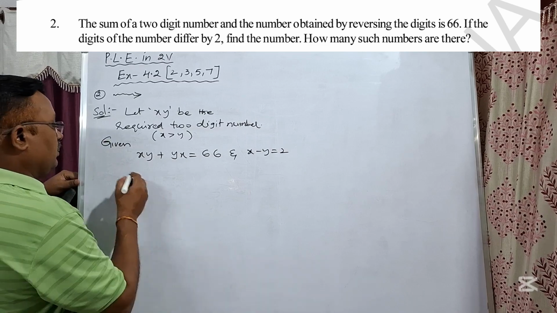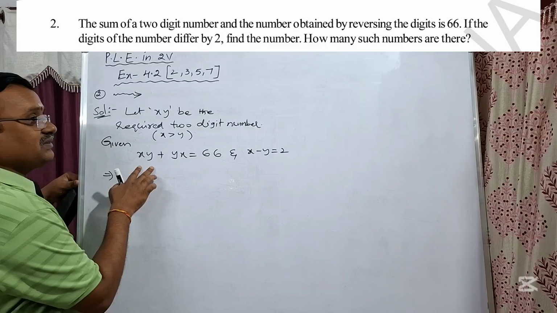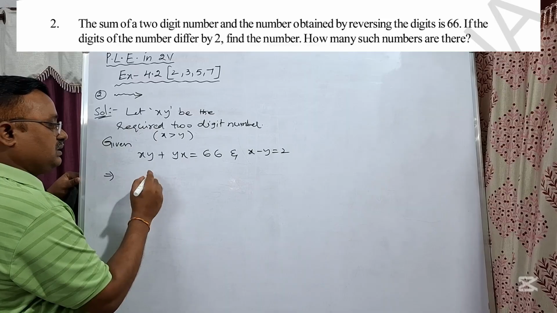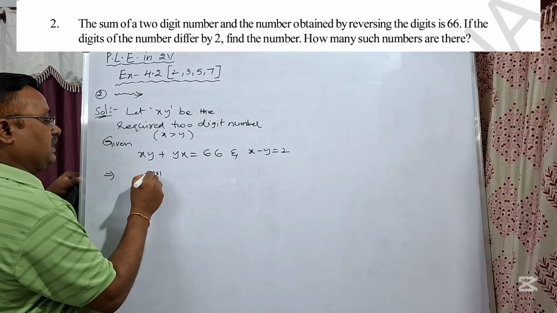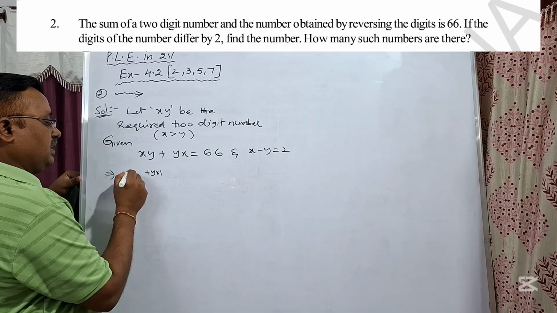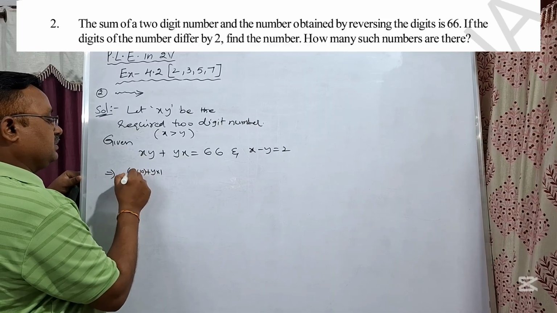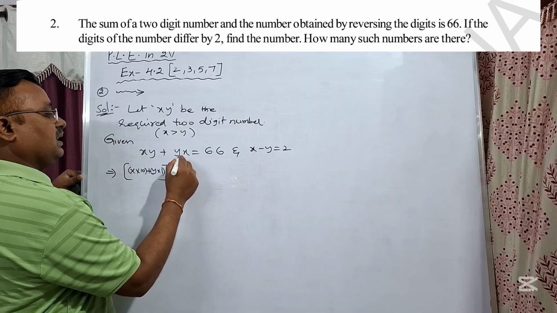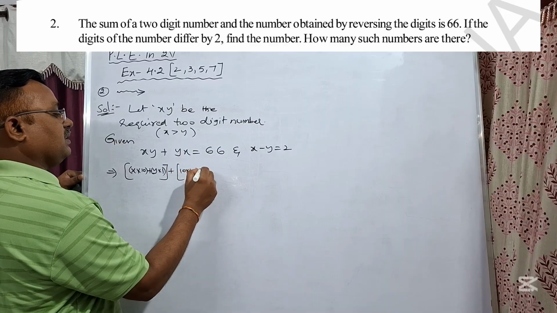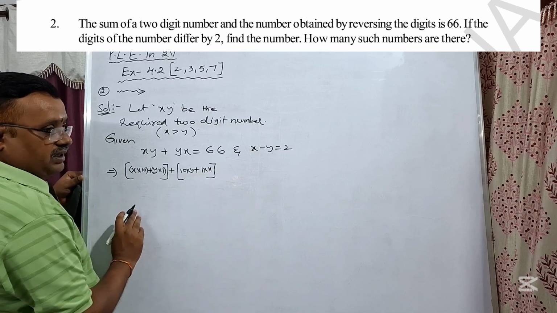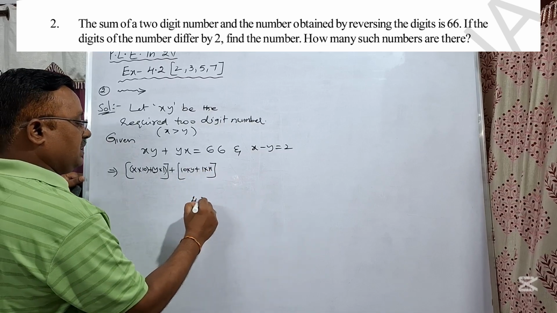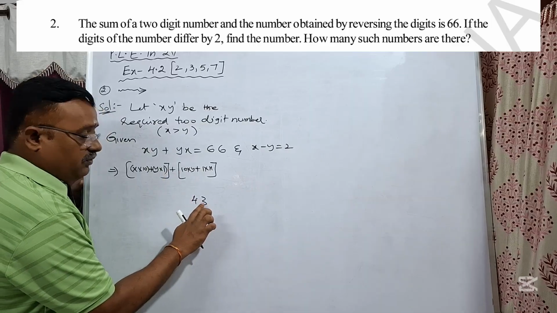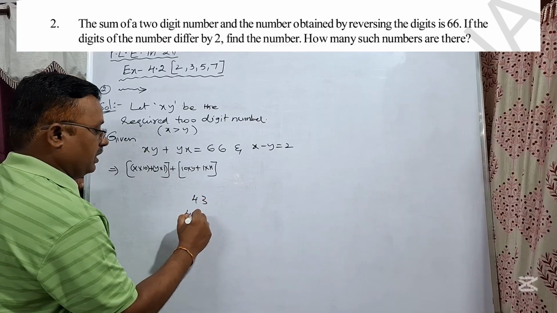So if xy is a two-digit number, we need to write it as: y is in the units place, so y into 1, plus x is in the tens place, so x into 10. This is the original value. Plus yx, which means 10 into y plus 1 into x. Because if 43 is a two-digit number, the digits are 4 and 3, but the number is 43.